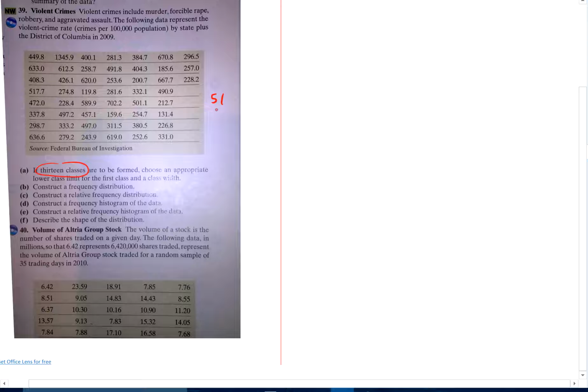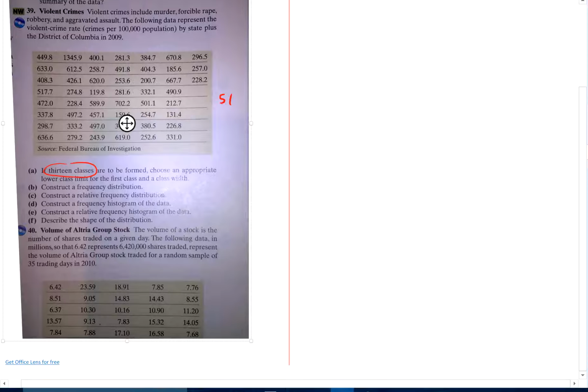So let's see if I can locate the highest and the lowest. I'll look through here real quick. Oh no, there's the highest, 702. And then the lowest, is there anything? I'm asking you as if you're going to answer me, right? 119.